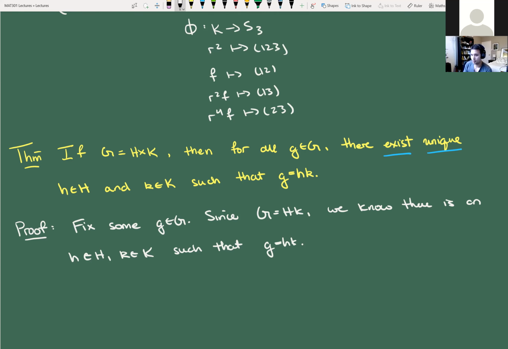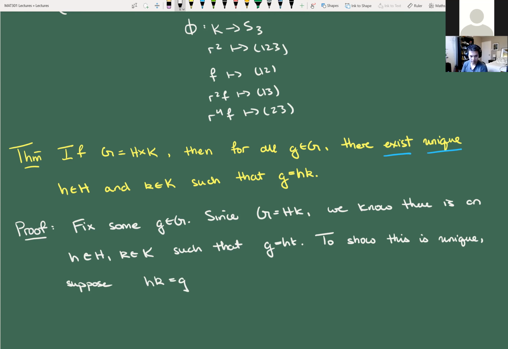This one ends up being a little bit more work. For uniqueness, let's suppose that we have an alternative decomposition. To show this is unique, suppose that we could also write hk is equal to g.